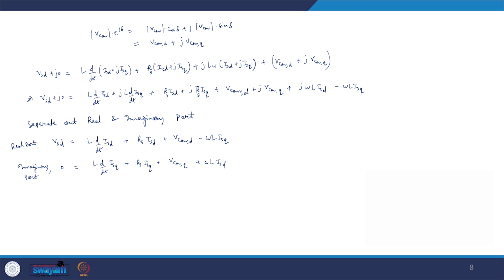Now what we can do is we can rearrange this term. If you rearrange this term, it is the V converter and Q converter which you are applying.